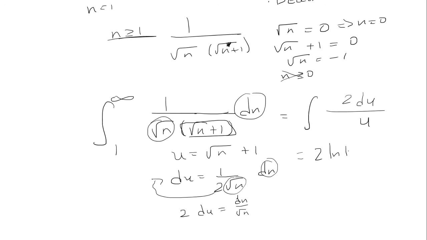2 ln u. So now we can switch back to n. So it'll be root n plus 1, and that would just go from 1 to infinity. And notice natural log, if I approach n to infinity, the natural log is going to be infinity. So let me write it like this.